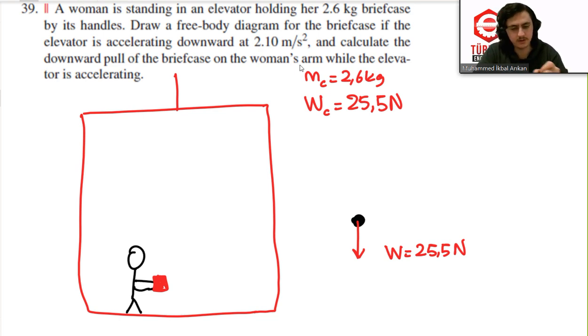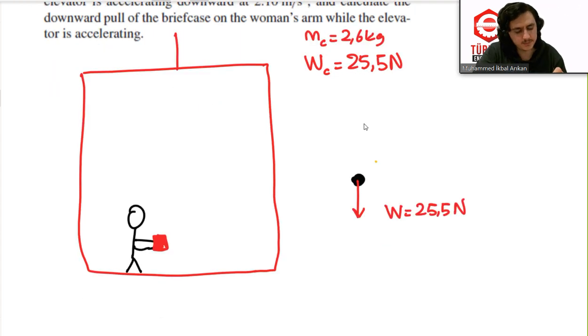So let's put our tension force. It will come from muscles, or normal force. Actually, it will be just the normal force on the hand of the woman, but this normal force will affect her muscles. So let's put the other one, which is just F, the pushing force from the woman's arm.